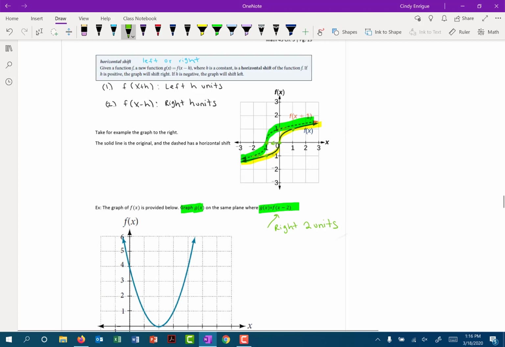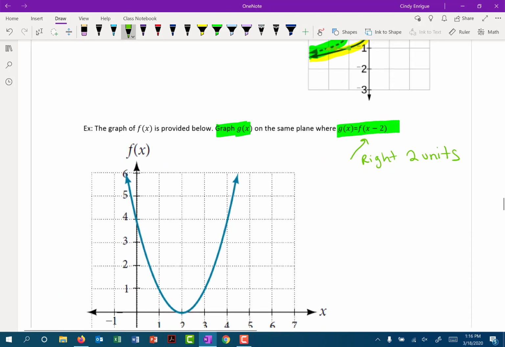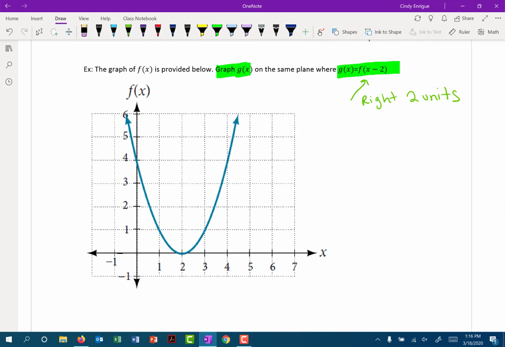So I'm going to do this visually. Make the graph a little bit bigger for you. So, okay, here we go. So here's my point that I can recognize, and I know I'm going to the right 2 units. So 1, 2. Now I'm over here. So that helps me out. And let's say I want to use this point over here. So that means I'm going to be moving to the right 2 units. So 1, 2. Now that's my point. And let's say I'm going to use this point over here.